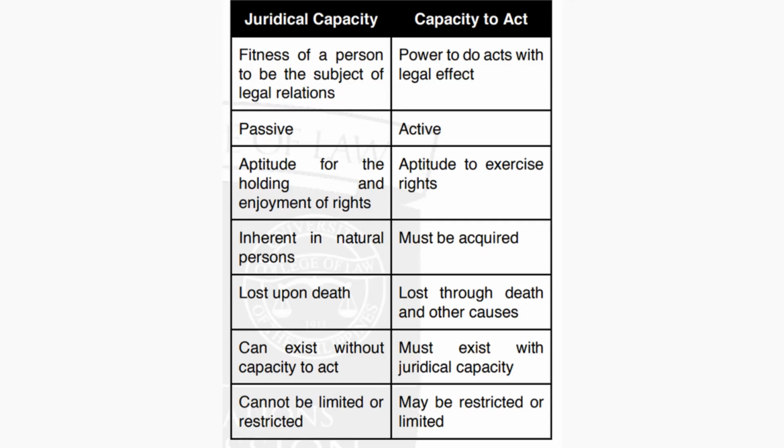He or she can accept the donation. However, it does not necessarily require that he or she must have capacity to act. Although in that case he can receive a donation, he cannot enter into contractual arrangements such as, as I said, the contract of marriage.